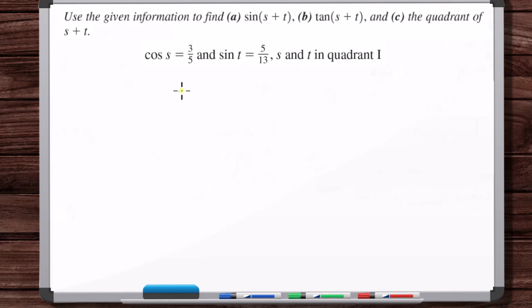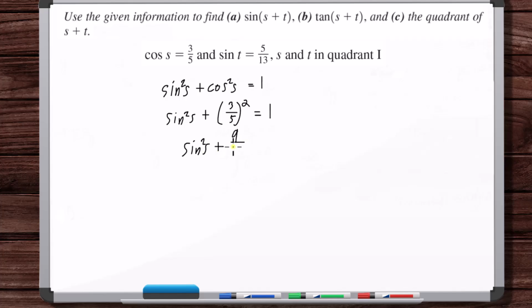We can do that with the Pythagorean identity that relates sine and cosine. So we know that sine squared s plus cosine squared s is equal to 1. Cosine squared s is 3/5 squared, so sine squared s plus 9 over 25 is equal to 1.